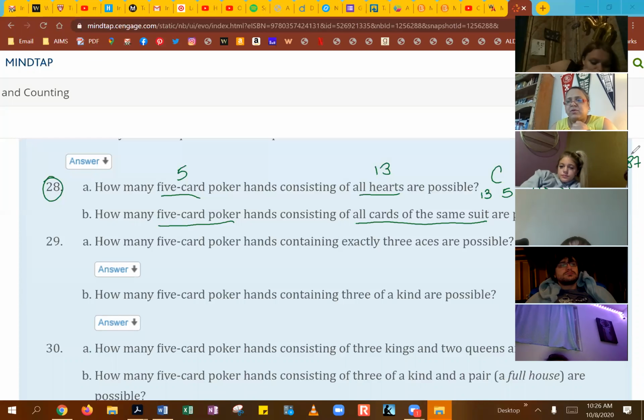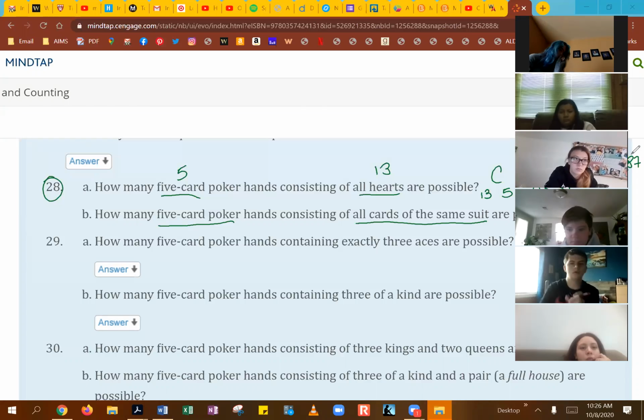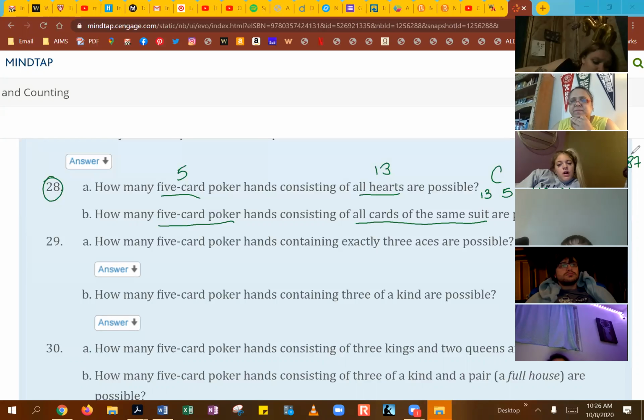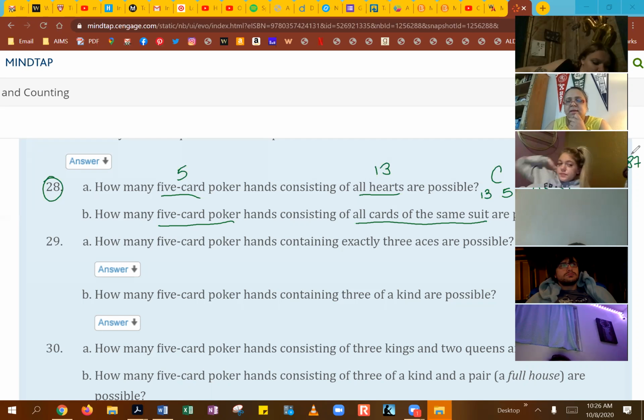How do we come up with those different possibilities for all 5 cards being from the same suit? Come on, guys, I need some input from you, because this is about you learning, not just about me talking.